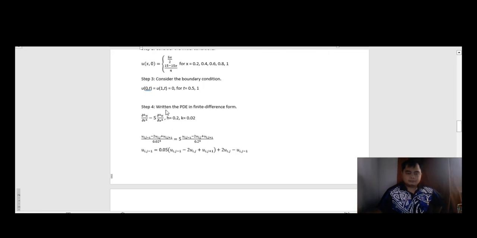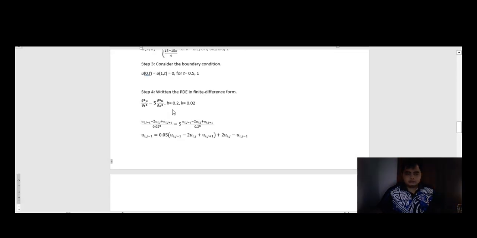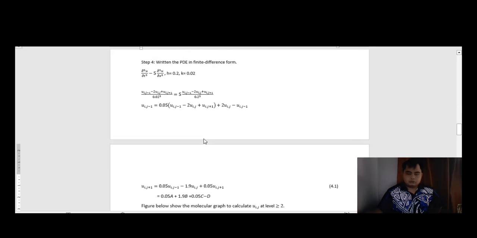Step 4 is writing the PDE in finite difference form, as I mentioned just now. Here h is 0.2 and k is 0.02. We put 0.2 over 2 above, on the left side, and 0.2 below, on the right side.